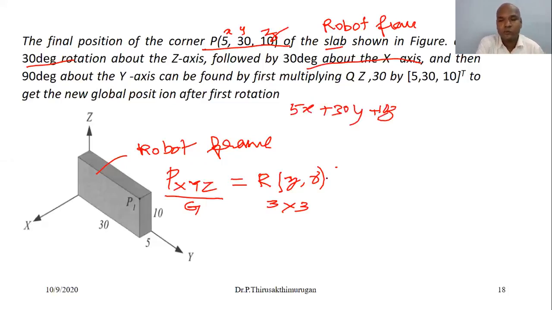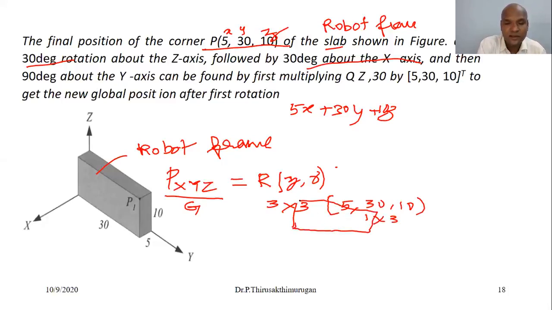We may not be able to multiply with the row matrix 5, 30, 10 because it is 1 by 3. Only if the dimensions match can we multiply. That's why we have to take it as a transformed matrix.